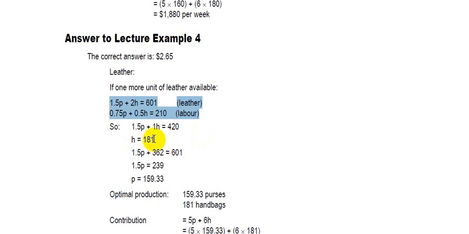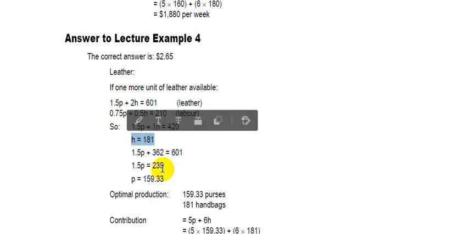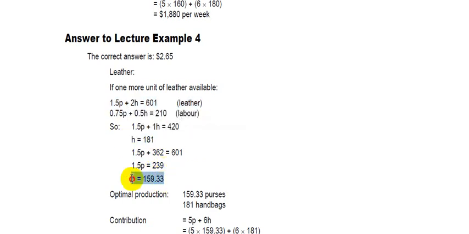So you can now substitute your H in there. 181 times 2 gives you 362. So we've got 1.5p plus 362 equals 601. You can make p the subject of the formula. So p becomes 159.33. So you have H that and P that.